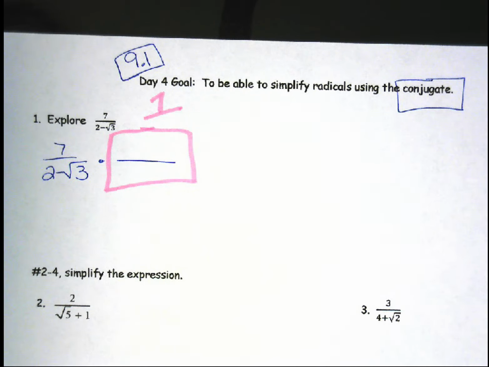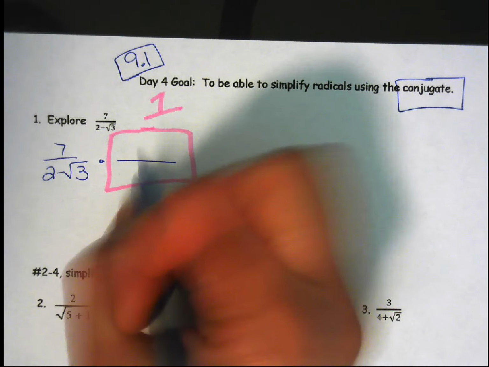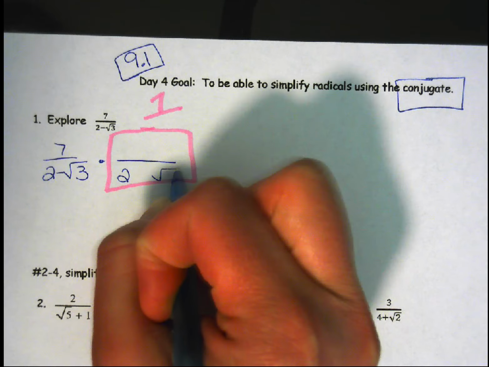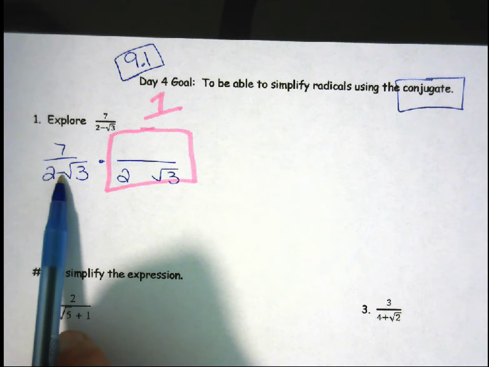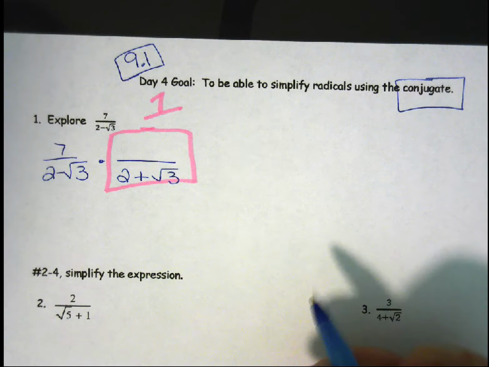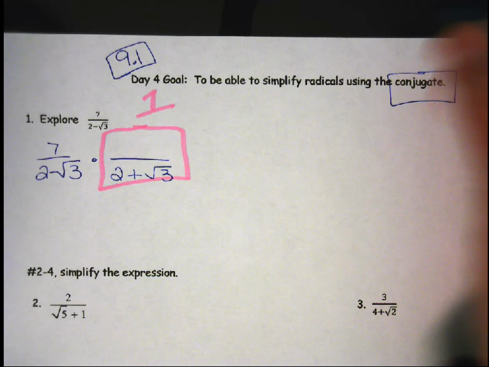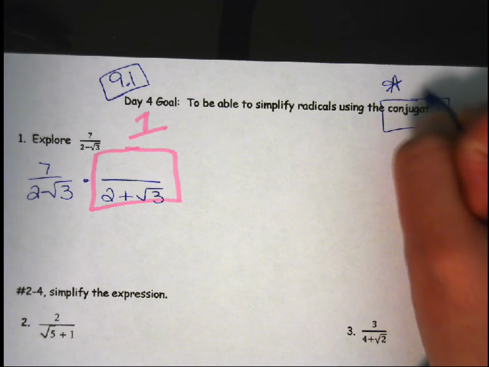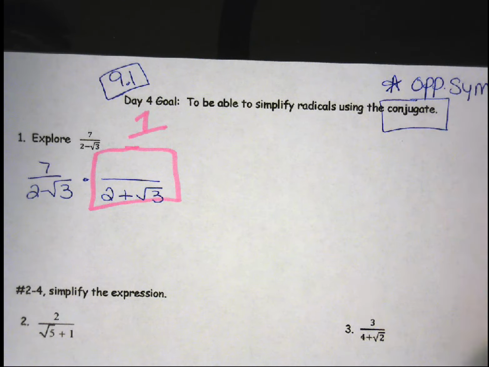We just have to adjust a little. So what you do is you use exactly what you see in the first and the second spot, and whatever symbol this is, you need to do the opposite symbol. So if it's a minus, you do a plus. Always remember, it's the opposite symbol. That's the key to conjugates.